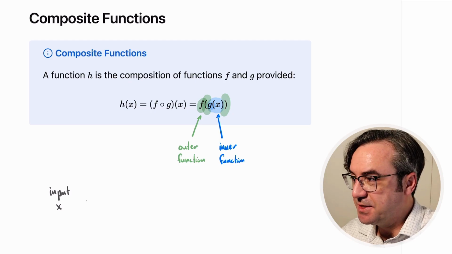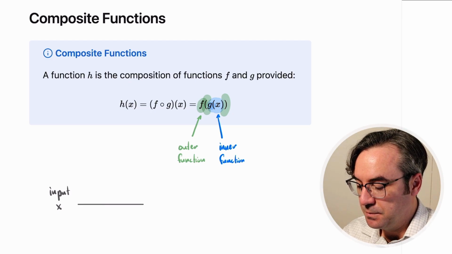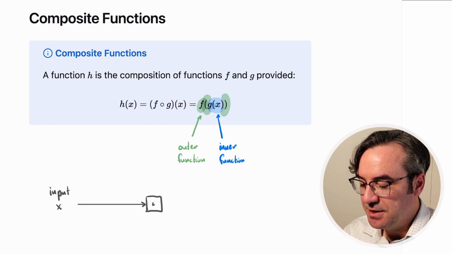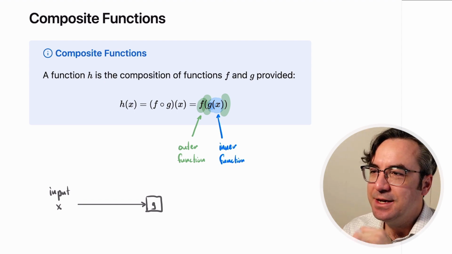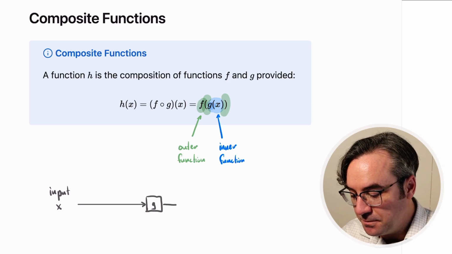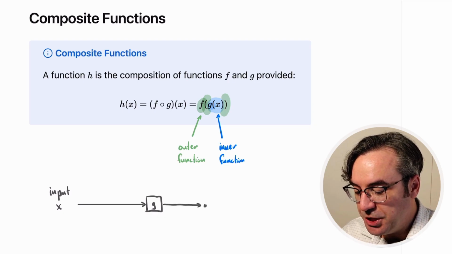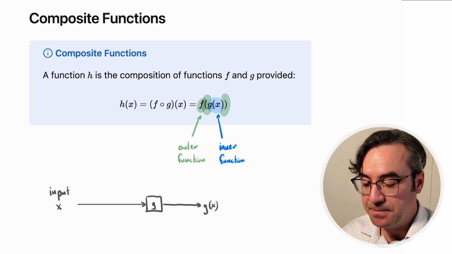So we're going to send this input to function g. And you can think of functions as just a machine on our assembly line. So we send it to function g. g does its thing, and then it spits out g of x. So that's the output from function g.